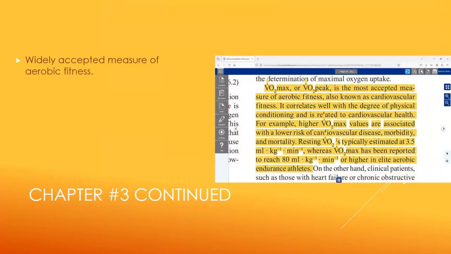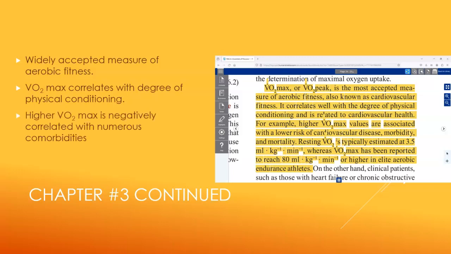Now, in our parlance, we look at this and go, okay, it's widely accepted. There's plenty of data points. We know it correlates very well with physical conditioning, so that's also a great point. And then we have a higher VO2 max. We know, as I just stated, we have a number of different comorbidities that actually come down. So there's a negative correlation between those two.